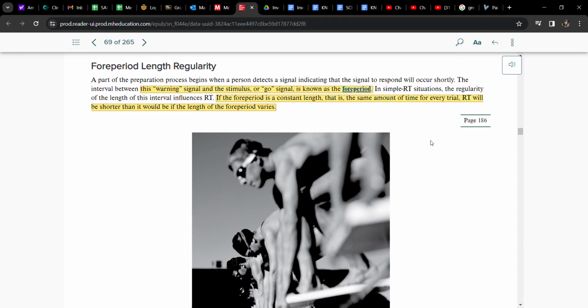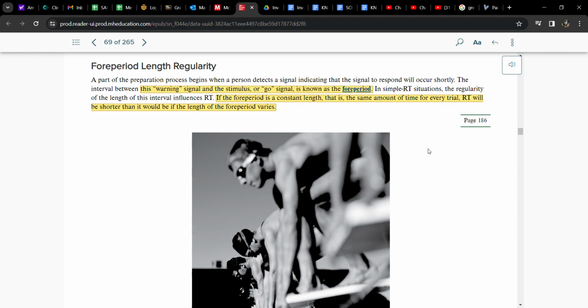Next, we are going to talk about foreperiod and length regularity. So as we talked about in reaction time back in chapter 2, there's a warning signal and a go signal, and that's called the foreperiod. So if the foreperiod is a constant length, or if it's the same amount of time every single time before that go response, your reaction time will eventually shorten as time goes on.